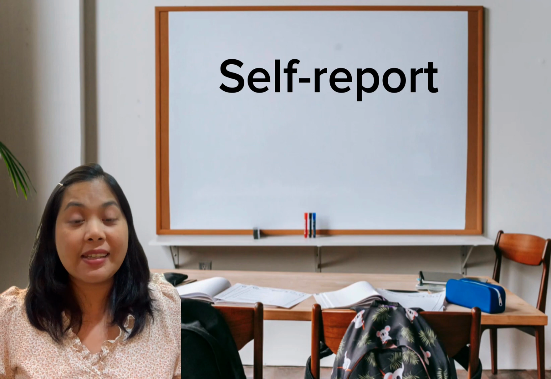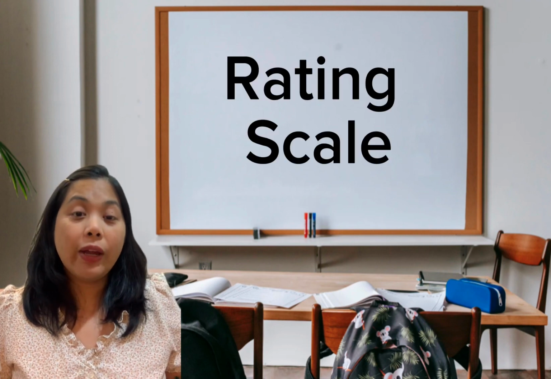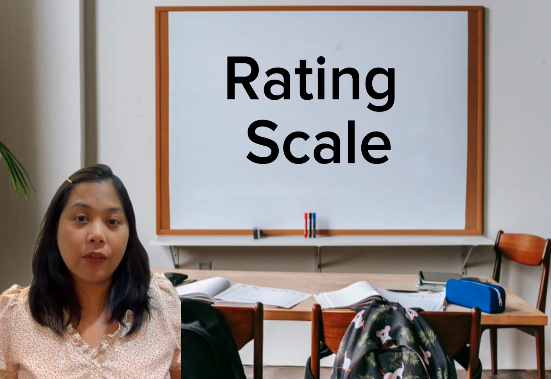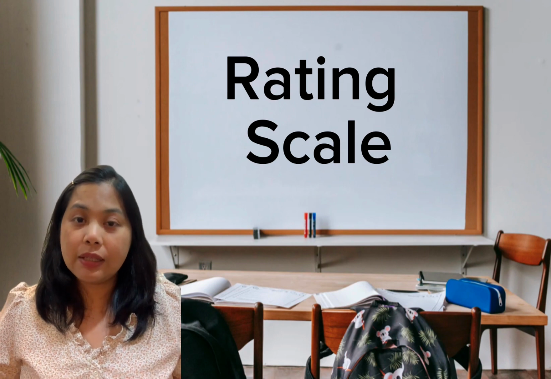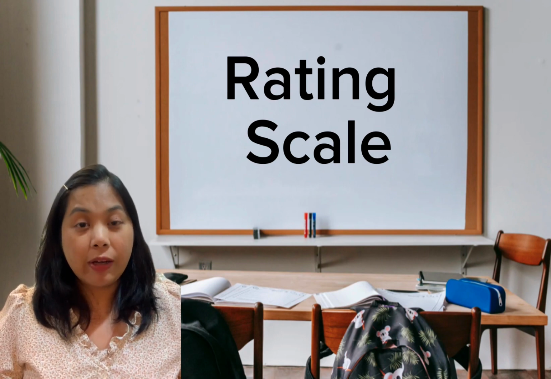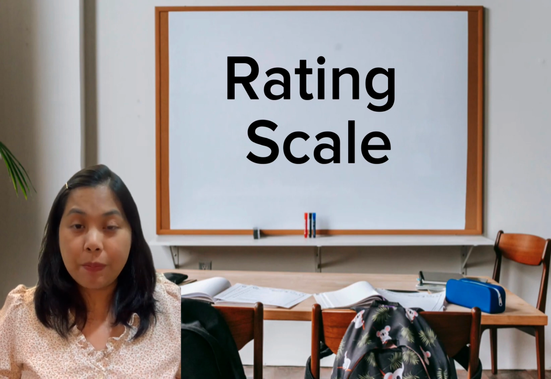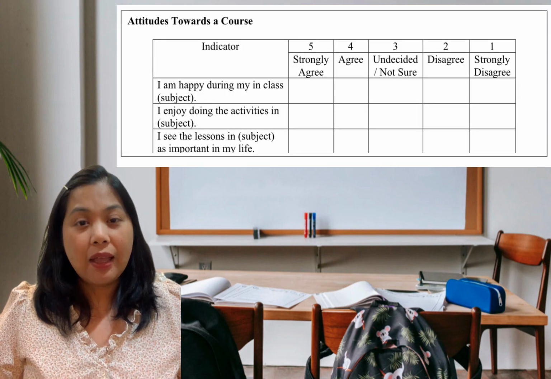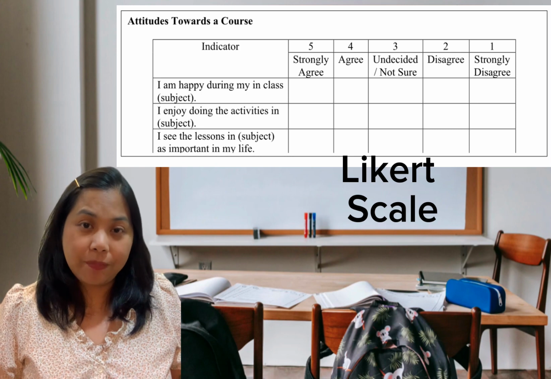Rating scale. This is a set of categories designed to elicit information about a quantitative attribute. Rating scales can be used for teaching purposes and assessment. This one is a Likert scale.